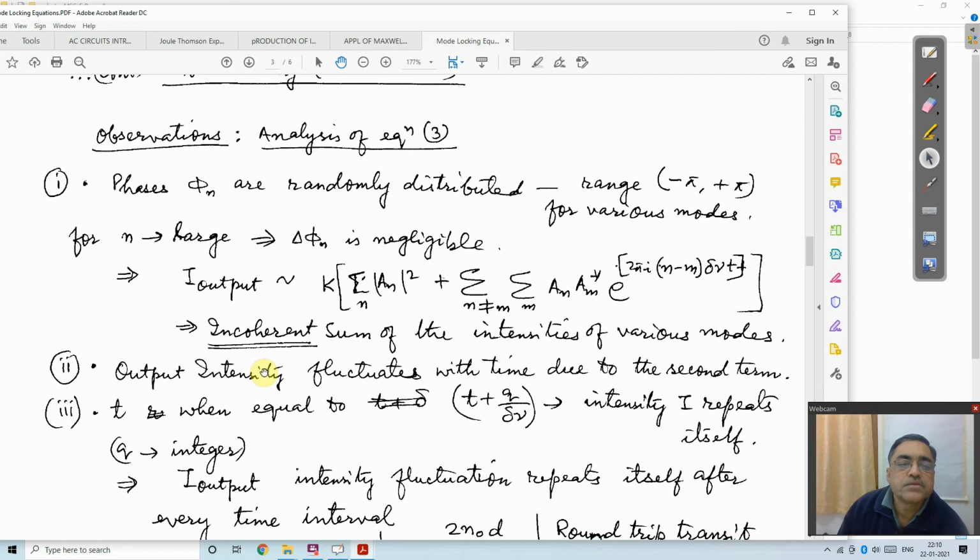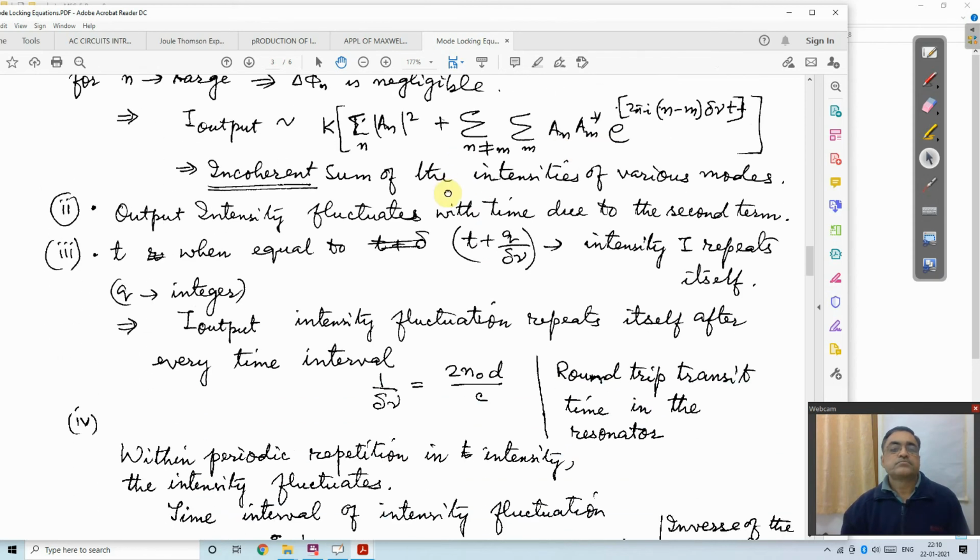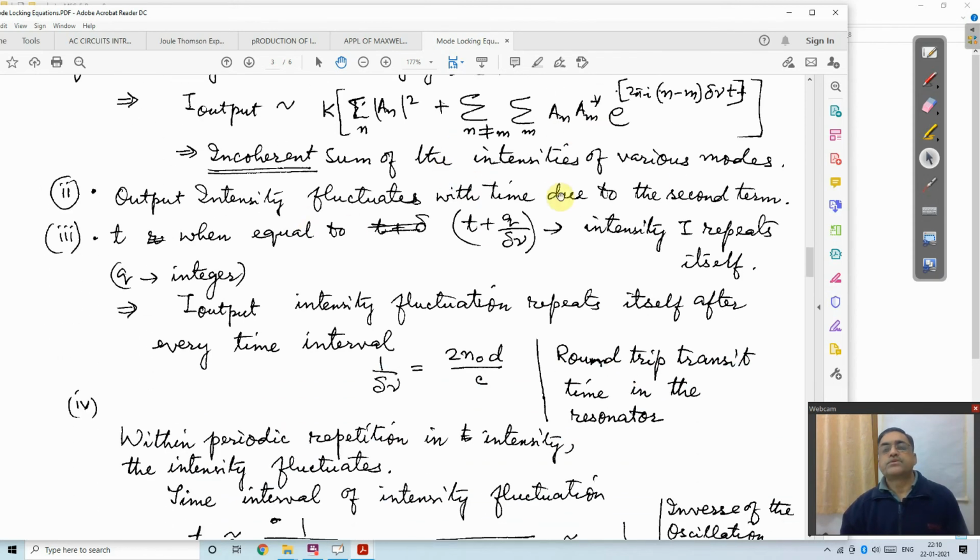So this implies an incoherent sum of the intensities of various modes because of this cross term. Sometimes they add up, sometimes it depends on the difference of the phase. So of course fluctuations may be there. The output intensity fluctuates with time due to the second term. This term causes fluctuations and chirping.